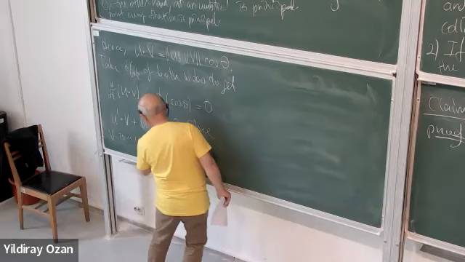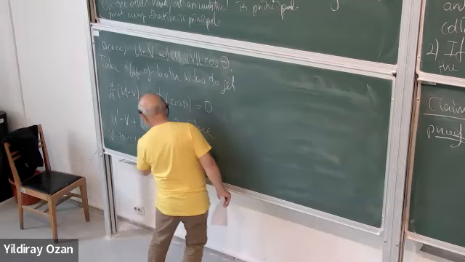Since U is a unit field, right? We have U dot U equal to 1, so that when you take the derivative, we get U prime dot U plus U dot U prime is 0.